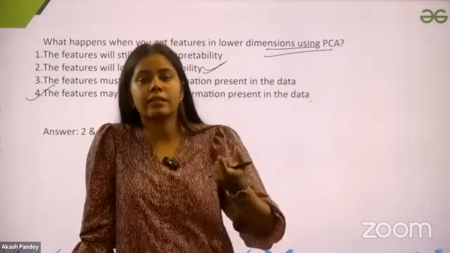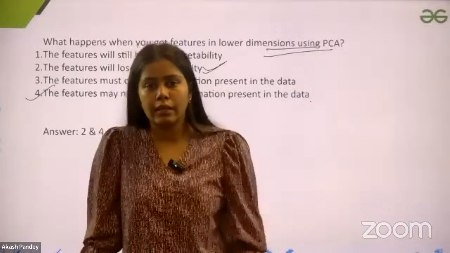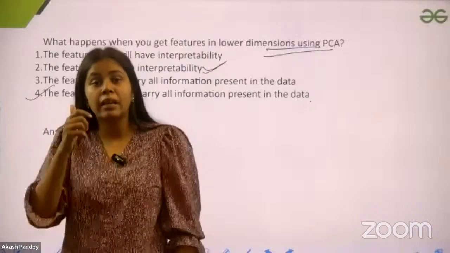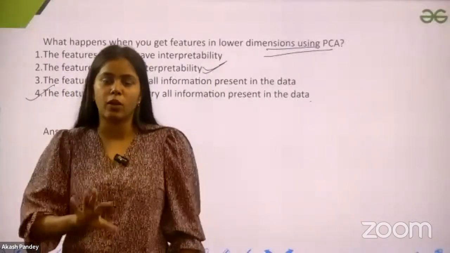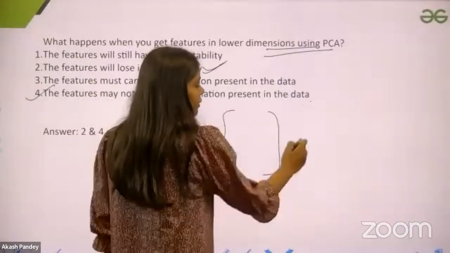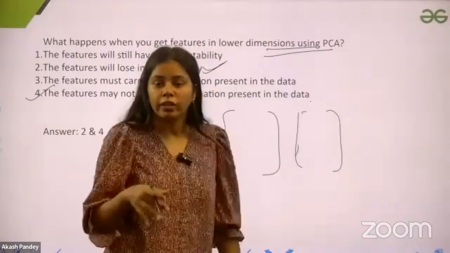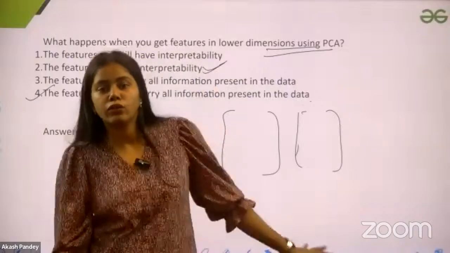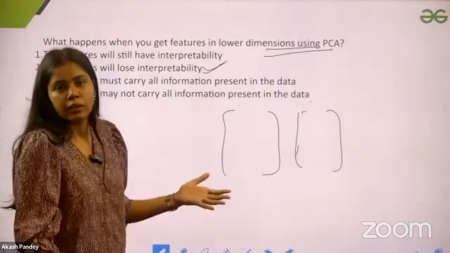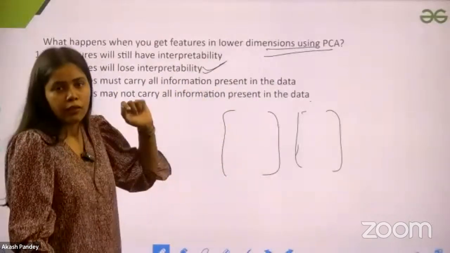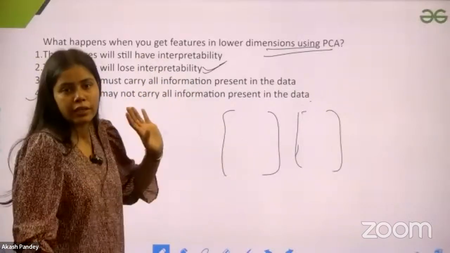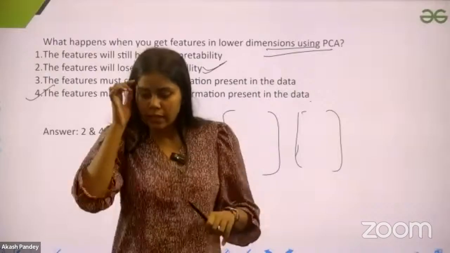But when we reduce using principal component analysis, we get new features, and these features are nothing but a set of vectors. So now you do not know what these features mean. What does this feature mean? It is basically a combination of all the five features you already have, in reduced format. Let me know if this is clear.